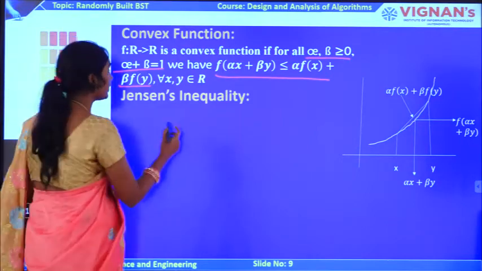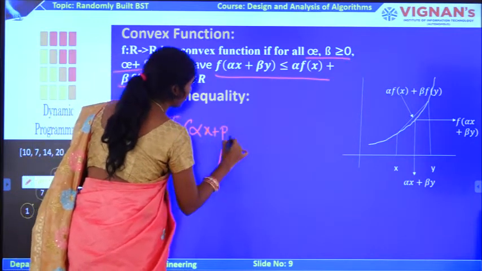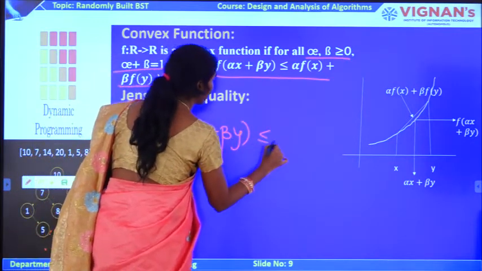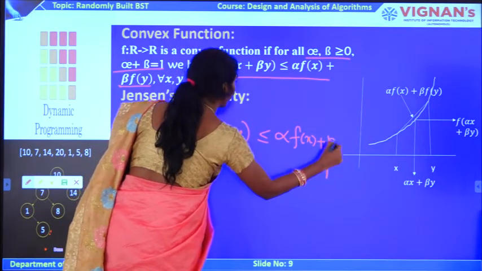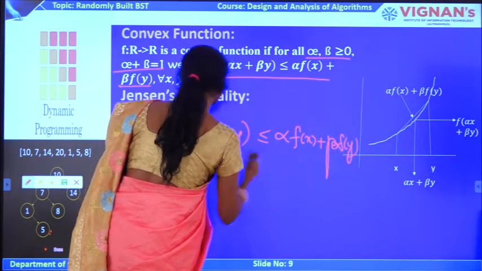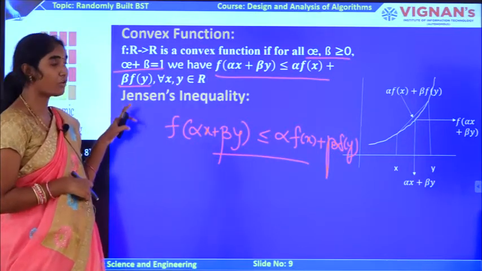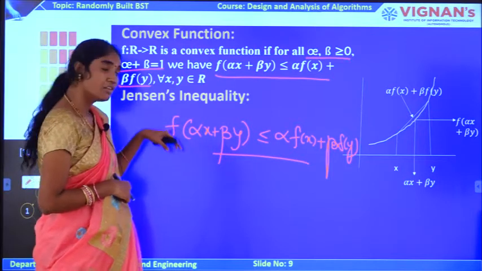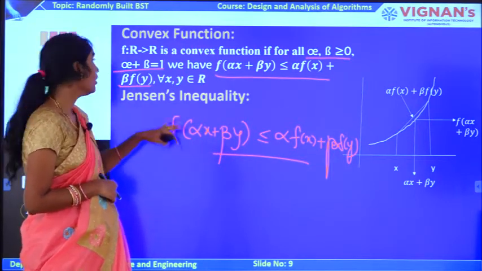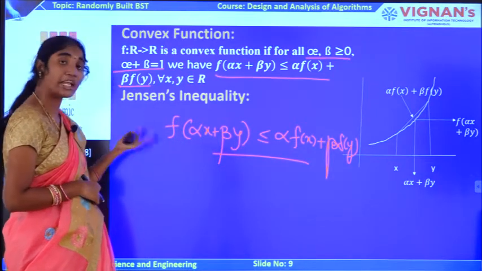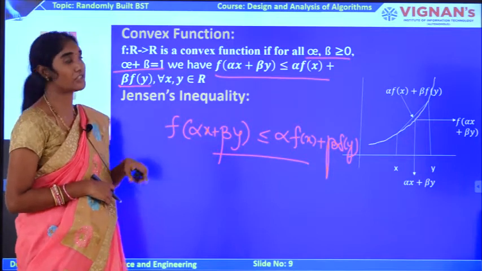So if alpha plus beta is equal to 1 and beta is greater than or equal to 0, then this inequality holds, and we can say that the given f is a convex function.